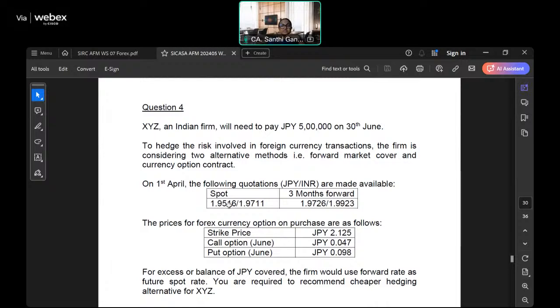For option, what is the position? And then between the two, which one you want, you can decide. Would you like to try? Please try.